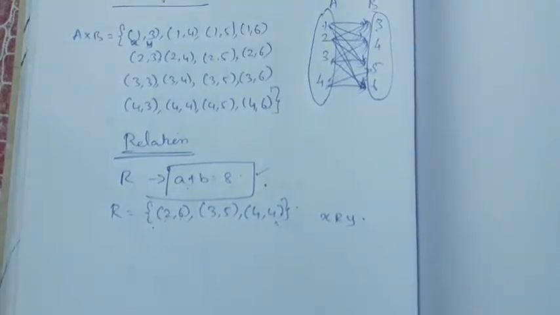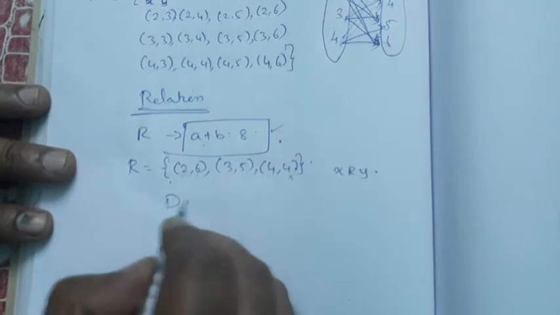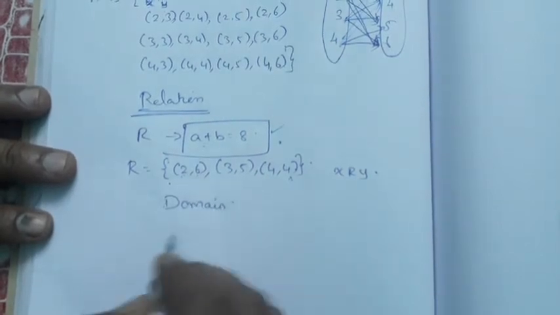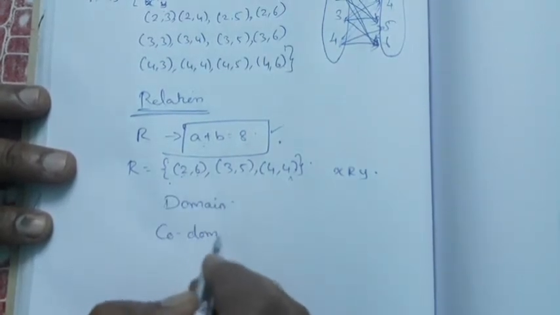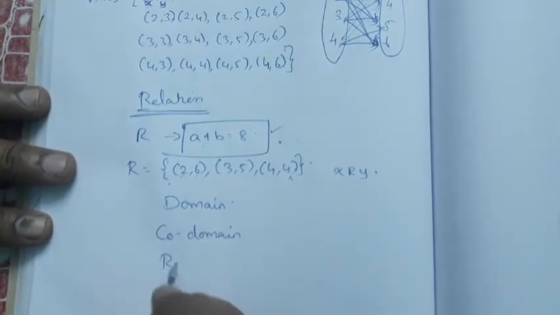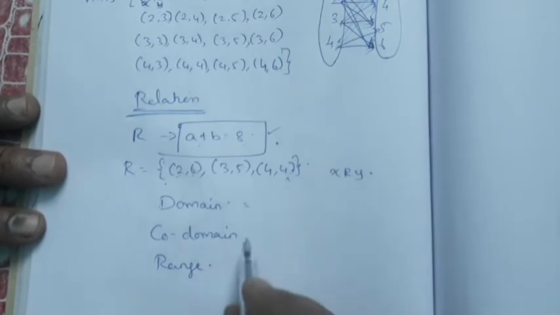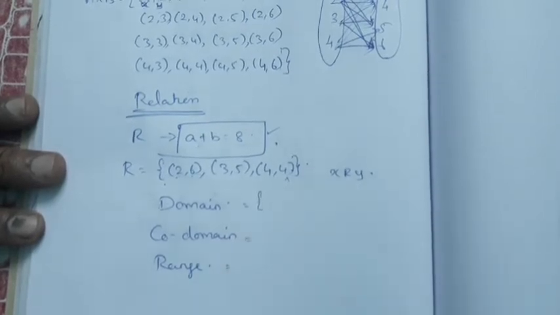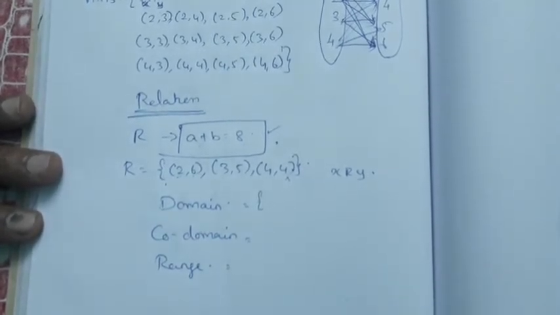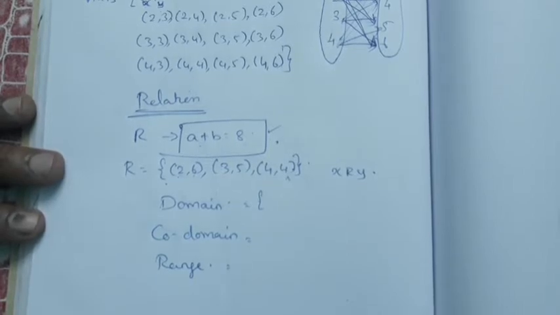Clear? So we have a few subtopics in this relation which you must know. The first one is the domain, the second one is the codomain, the third one is the range. So what is a domain, what is a codomain, what is a range? Domain is nothing but the set of all first elements given in the relation.